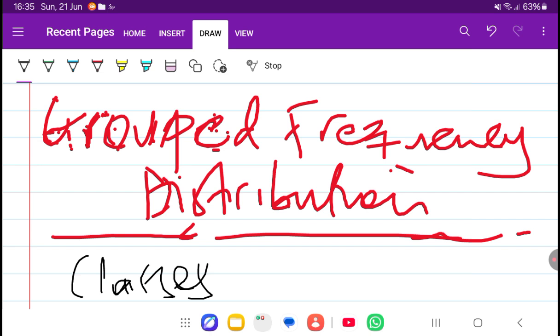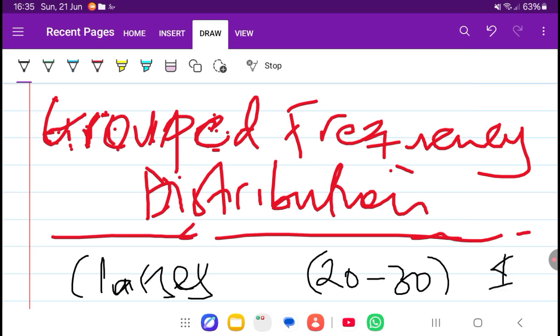Of course, these classes must have more than one unit in width. If I have a class of 20 to 30, at least the values I expect to be here must exceed 1.